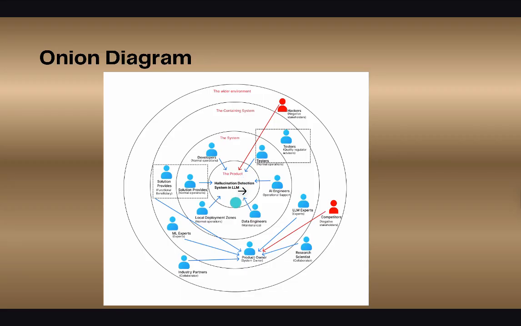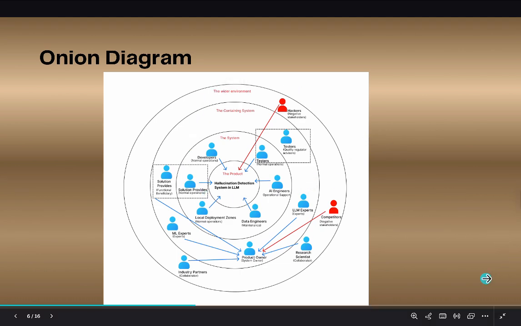It also helps in requirement thinking, because different groups have different needs and risks. These are the things represented in the onion diagram.